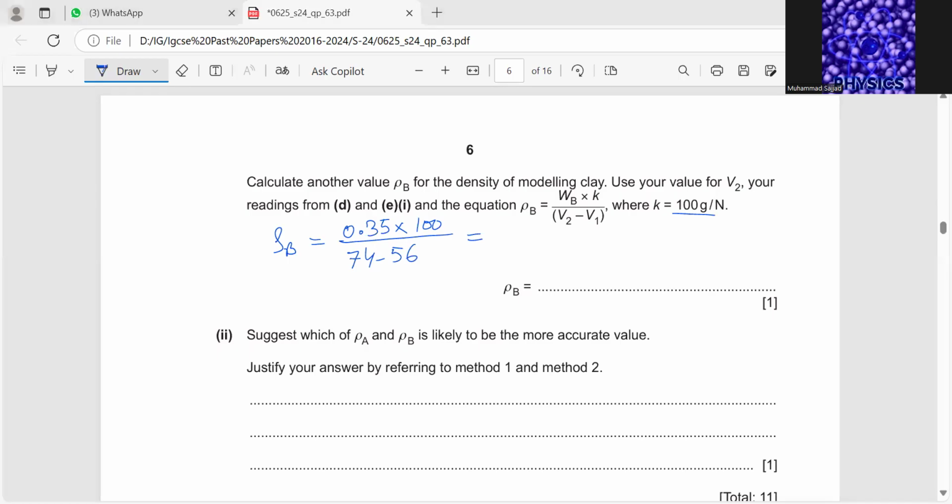So 0.35 times 100 equals 35, divided by 74 minus 56, which is 18. So 35 divided by 18, the answer is 1.94. We can write it as 1.90, and don't forget to write the unit, grams per centimeter cube.